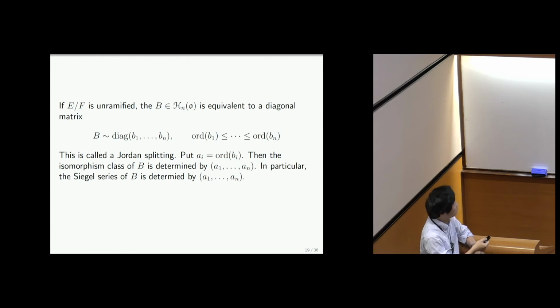But if E over F is unramified, then the signature xi(B) is just the parity of the sum of a_1 plus and so on a_n. So if E is unramified, then the signature is determined by this sequence. Okay.